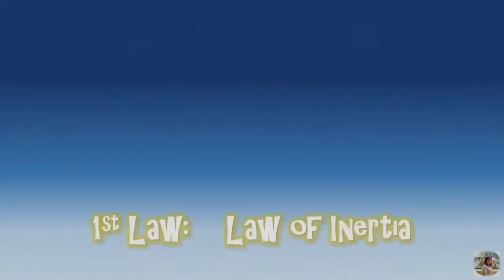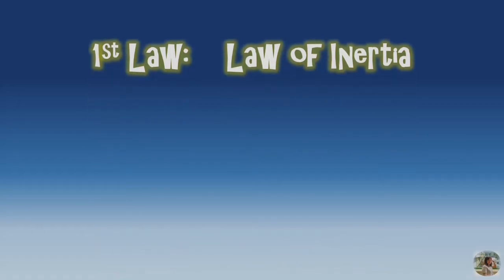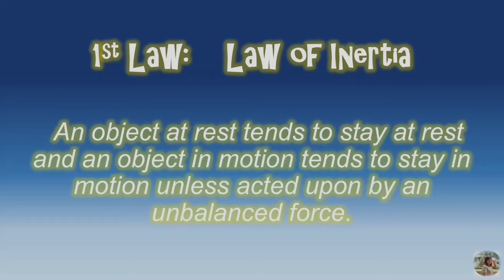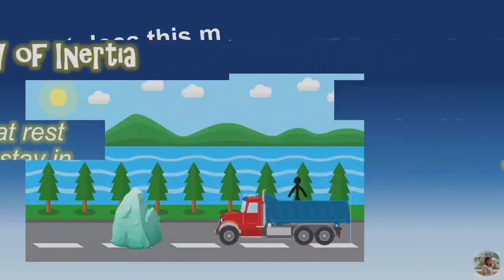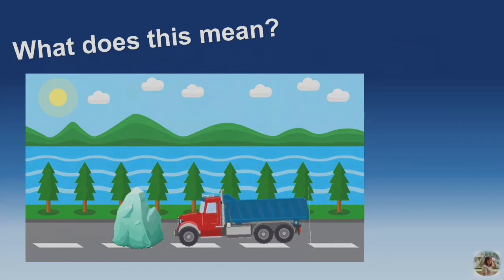The first law of motion is called the law of inertia. It states that an object at rest tends to stay at rest, and an object in motion tends to stay in motion unless acted upon by an unbalanced force. We described already that unbalanced force is an unequal amount of forces exerted by 2 objects or bodies. Take a look at this illustration.